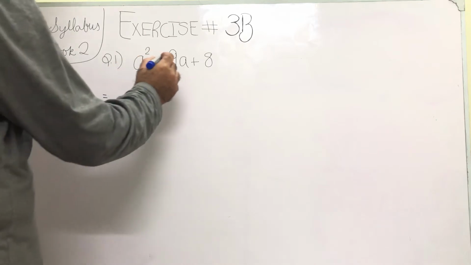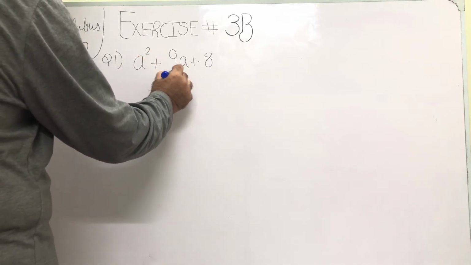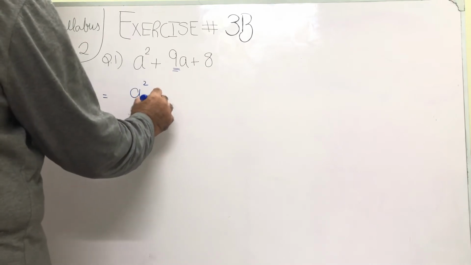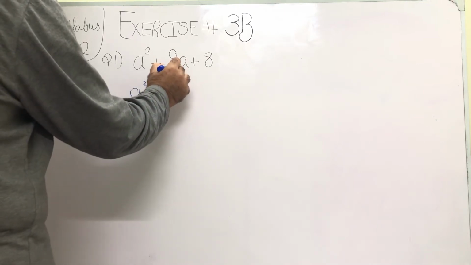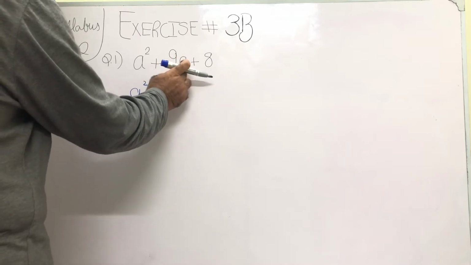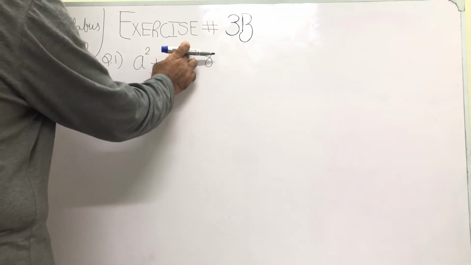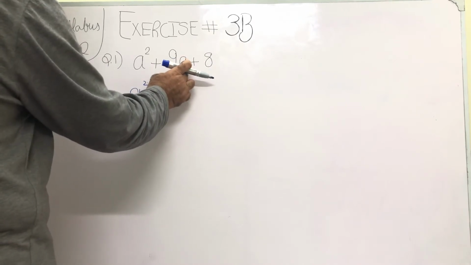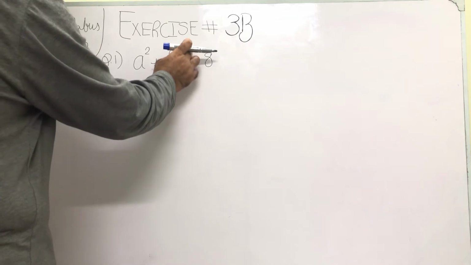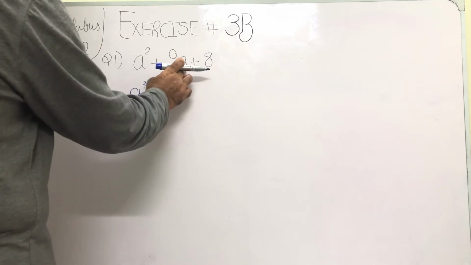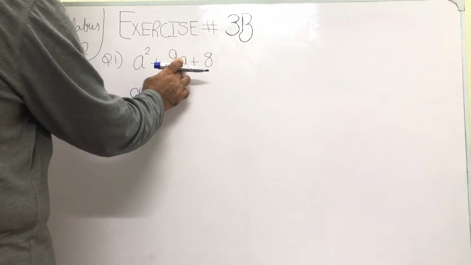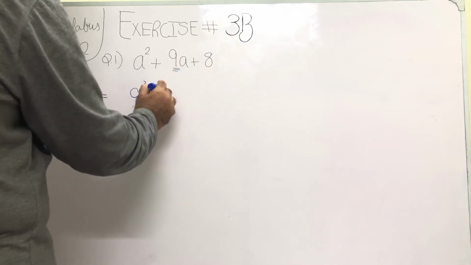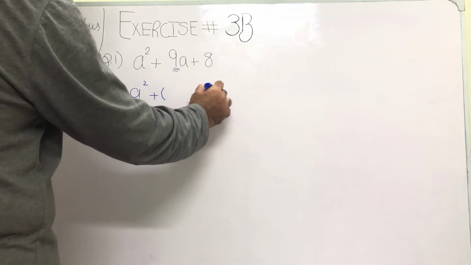So now we'll start solving this quadratic expression. The procedure is, you need to write it as such, but for the coefficient of the variable whose power is 1, this is a variable, it can be a, b, c, d, e, f, g, h, x, anything, any variable with power 1, for this one you need to put a bracket.